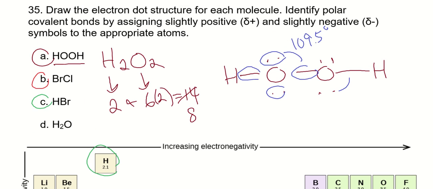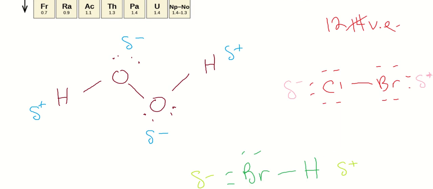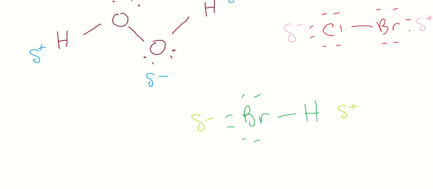And our last one, let's go with purple. H2O. From biology, you should know this without looking at any reference. H2O is a bent molecule. Now we know why, because of VSEPR.